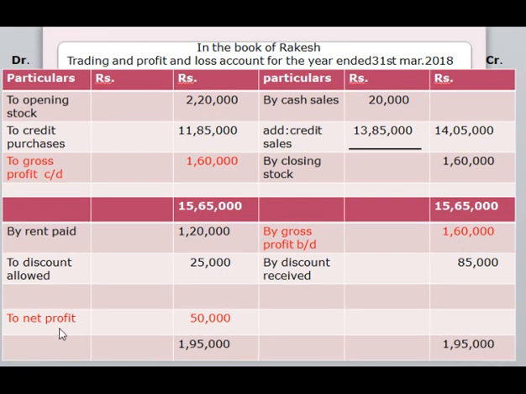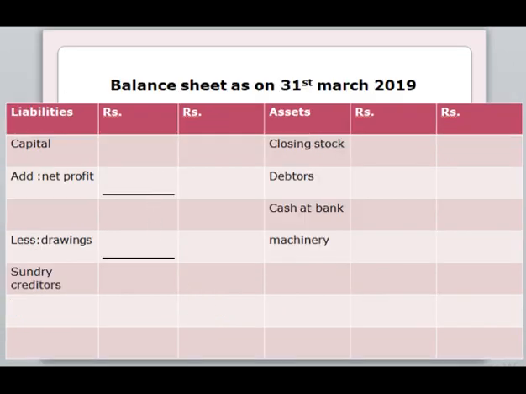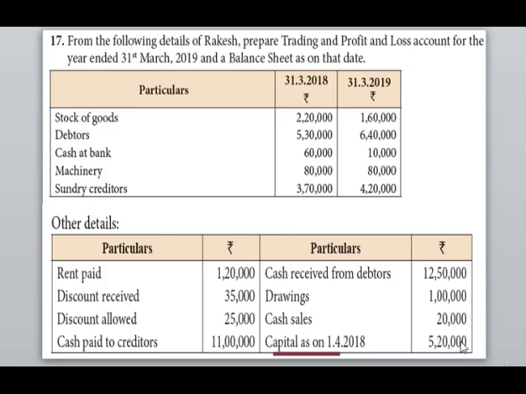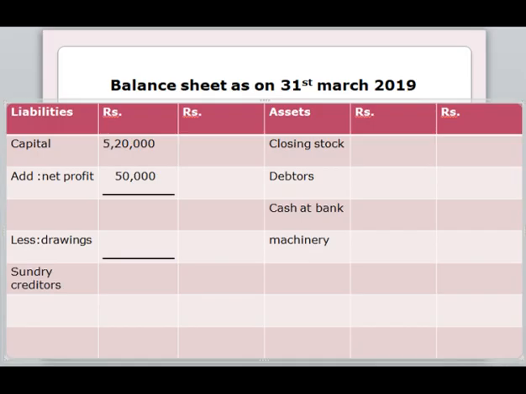Now we have to substitute the amount of net profit in the balance sheet. 50,000. The amount for opening capital is 5,20,000. We have to add the amount of capital with net profit, which is 5,20,000 and 50,000, which gives you 5,70,000.